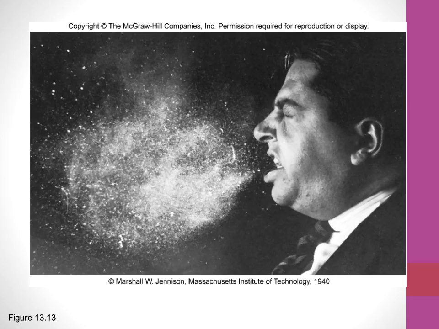And this is why you should be covering your sneezes. So this gentleman is sneezing, and you can see all those respiratory droplets that are coming off of that sneeze. So you should always be sneezing and coughing into your elbow. And nowadays you should be wearing a mask so that sneeze or cough gets caught.